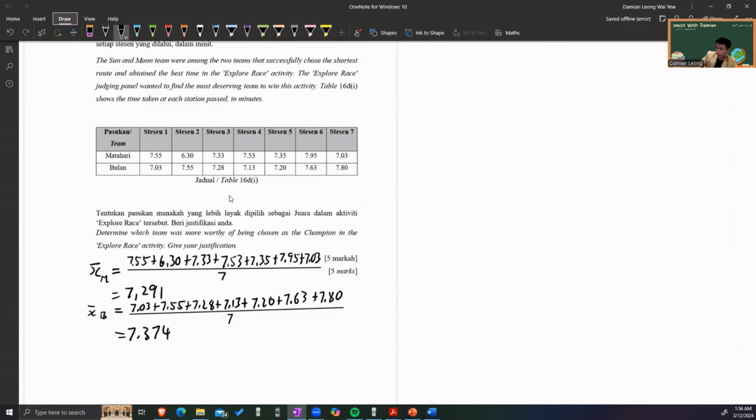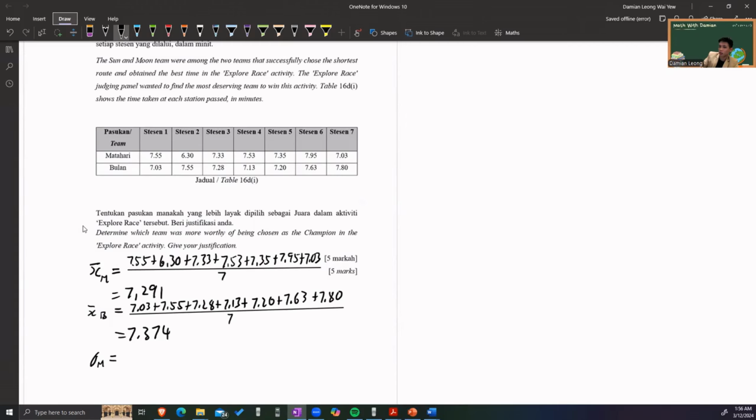Mean is quite close, but Matahari takes a slightly lower time on average. Then we also compare standard deviation, but the means are quite close to really tell.